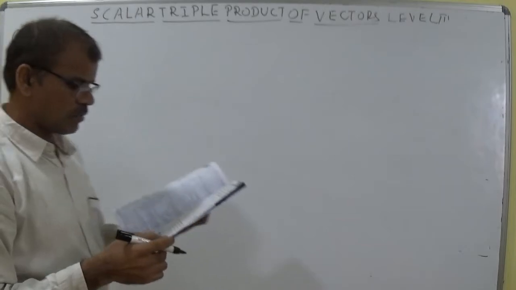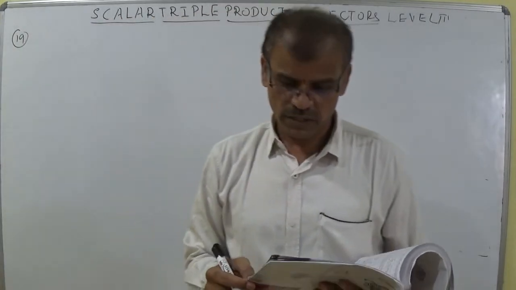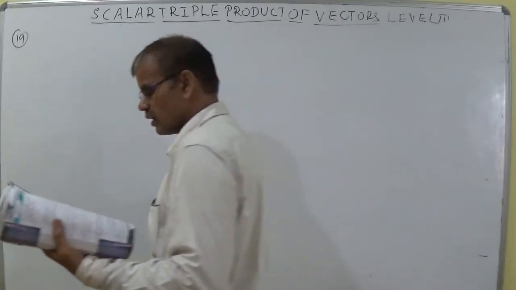U bar, V bar, W bar are non-coplanar vectors and p, q are real numbers.